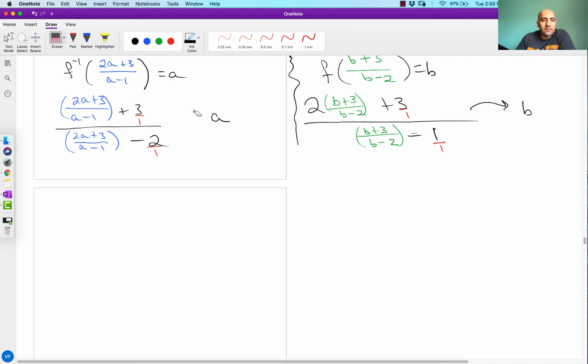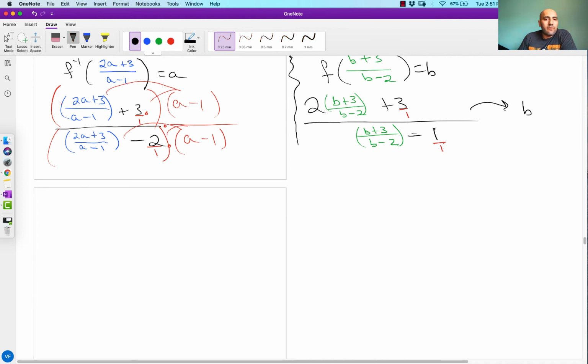I'm going to multiply this guy by an a minus 1 over an a minus 1. That way they have the same denominator. Actually, it's even better if I do it the other way around. So I'm going to multiply the entire numerator of the fraction by an a minus 1, and then the entire denominator of this fraction by an a minus 1. And then when I distribute, it should simplify this a lot.